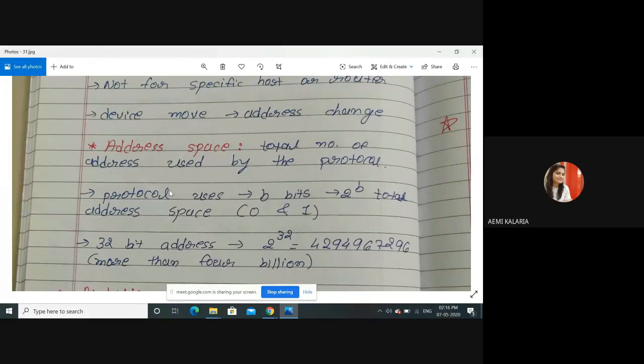Whenever data comes from the above layer, the transport layer using TCP, to identify the data, the destination, or an intermediate node, we are using IPv4 addressing. So you all know it is used on the third layer of our OSI model.